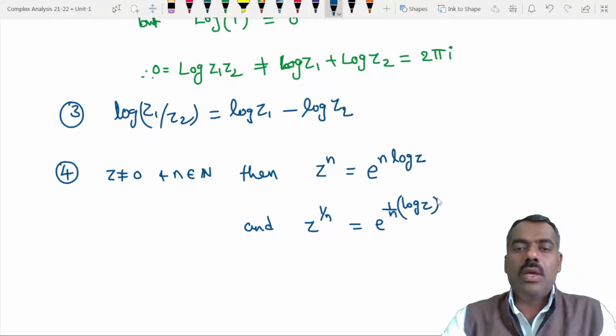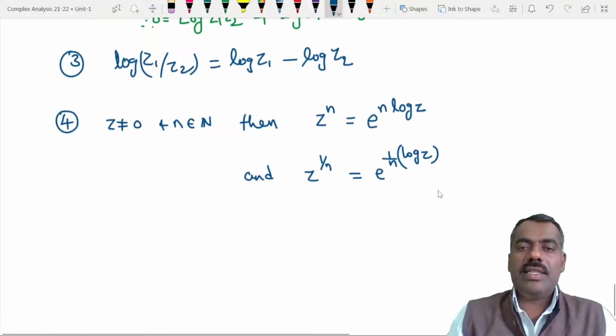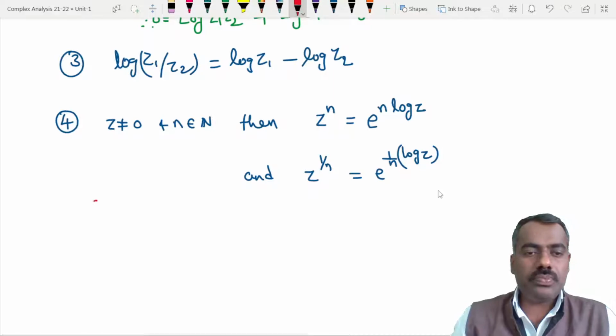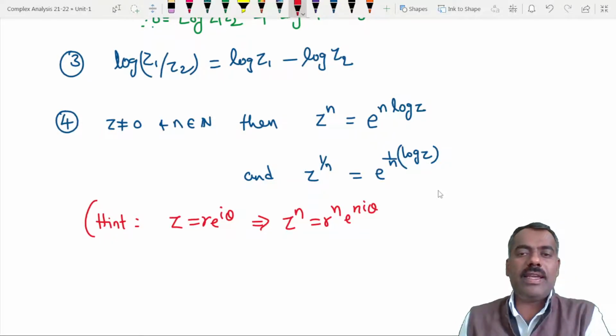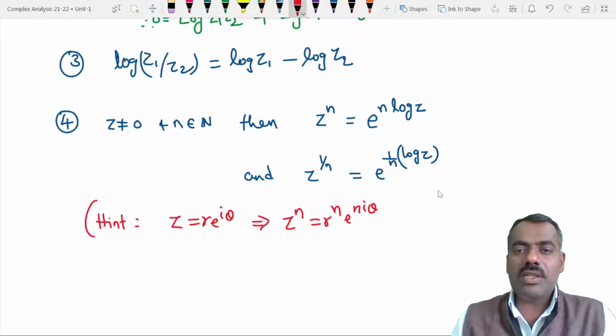Okay, fine. How can you do this? The hint is simple. You can solve it. It is not a problem. Write z as r into e power i theta. Then what you will get is z power n is r power n into e power n i theta. Right? And in this log z, you simplify.